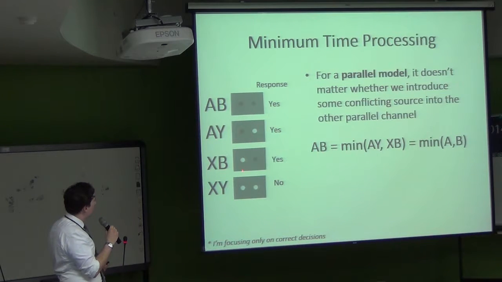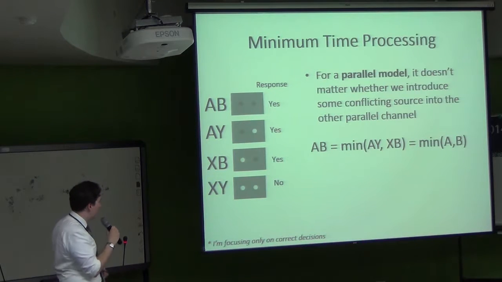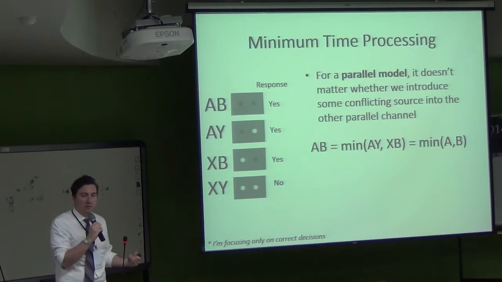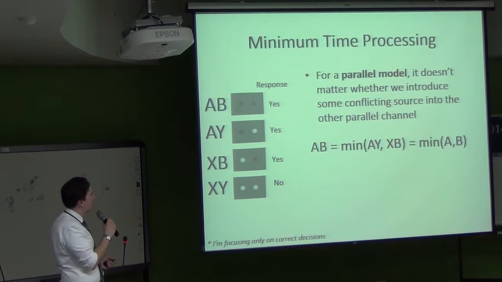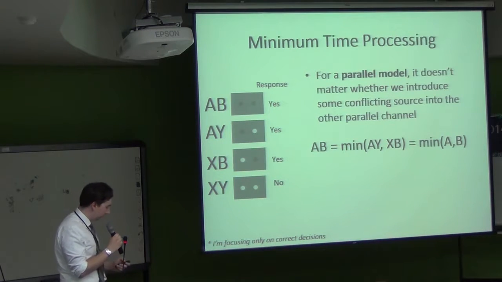And this conflicting information source doesn't allow you to make a correct decision. And I'm focusing here only on correct decisions. So if you want to predict this double target, the prediction is that from a parallel, independent, unlimited capacity, self-terminating model, you ought to still be able to predict that from the minimum time you derive from these 2 conflicting targets.